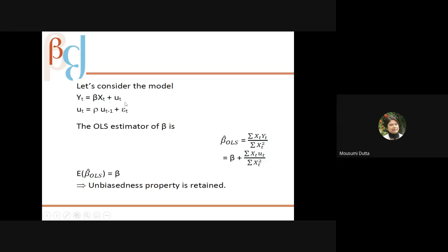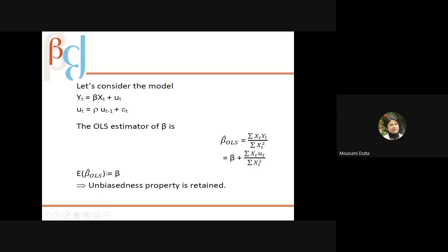Now for the standard regression model, beta hat OLS is summation xt yt divided by summation xt square. And by this time, all of us know this is equivalent to beta plus summation xt ut divided by summation xt square. We replace yt by beta xt plus ut and we get this.